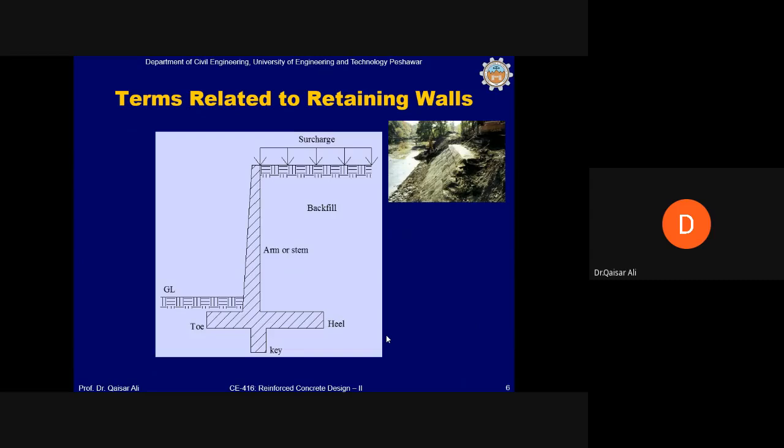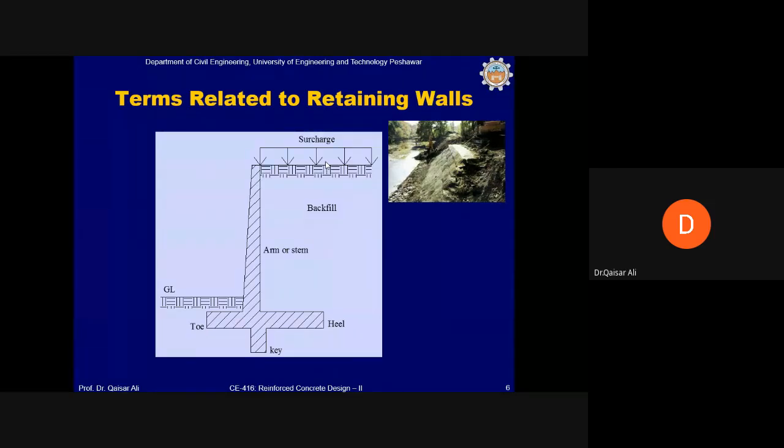Some terms related to the retaining wall are explained in this slide. You will be able to see backfill. Backfill is the material which is to be retained or held back, and surcharge is any load on top of the backfill, in terms of vehicular live load or some other load stored over and above the backfill.